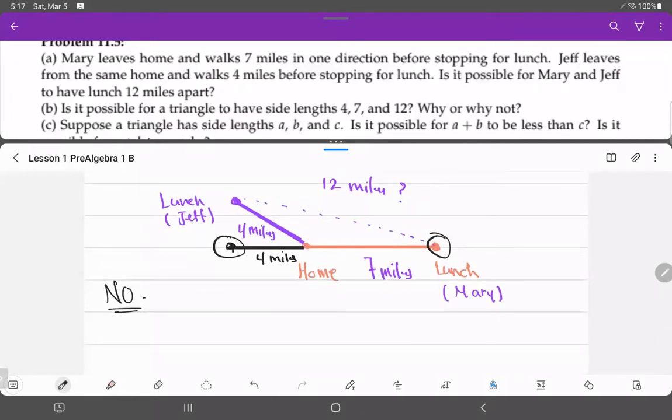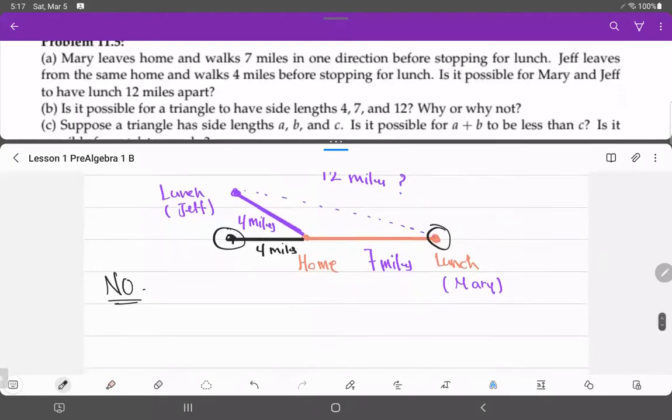So 4, 7, 12 cannot happen, because the maximum distance between the 2 points is going to be 11. To form a triangle, this point is going to be somewhere here, so the distance between these 2 points must be less than 11, not 12. So again, the answer is no. This side cannot be 12.